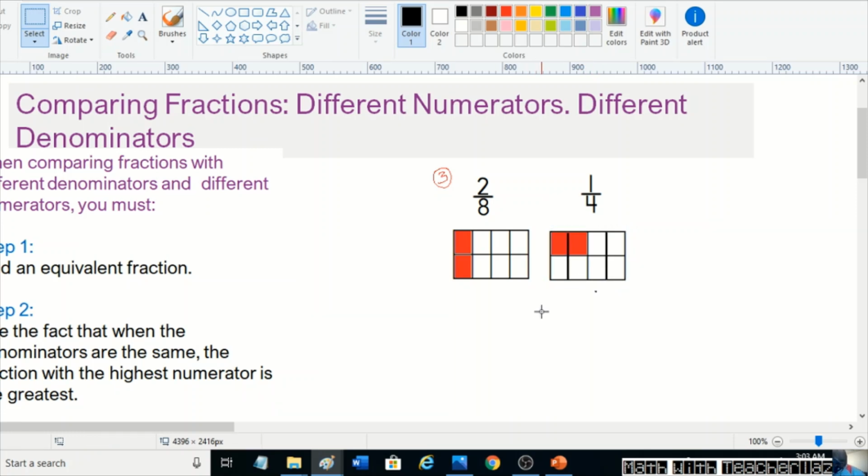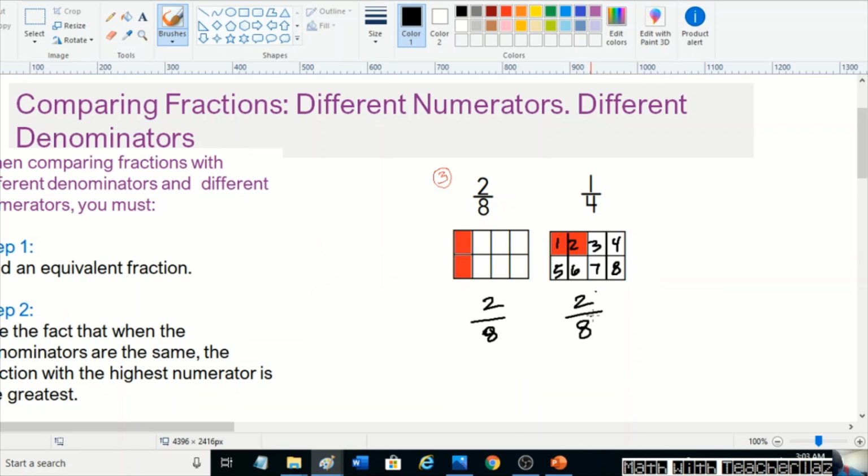Now, we didn't do anything to the 2/8, so 2/8 stays the same, but an equivalent fraction for 1/4 is 1, 2, 3, 4, 5, 6, 7, 8. Notice now we have the same denominator. This is an 8.